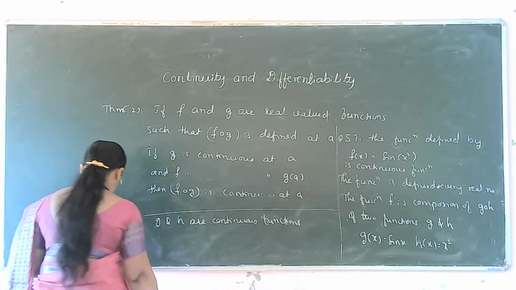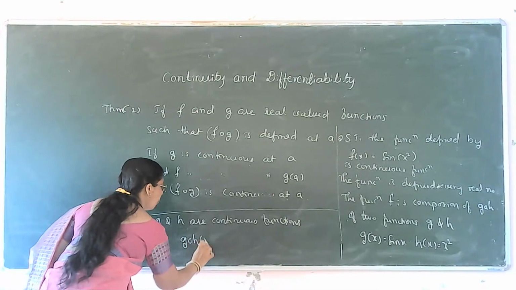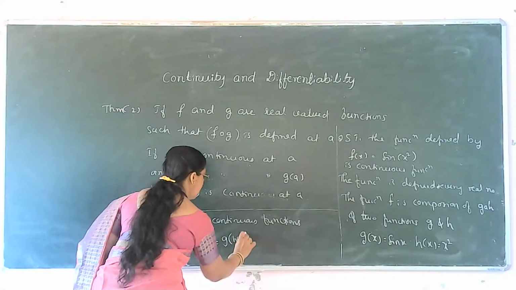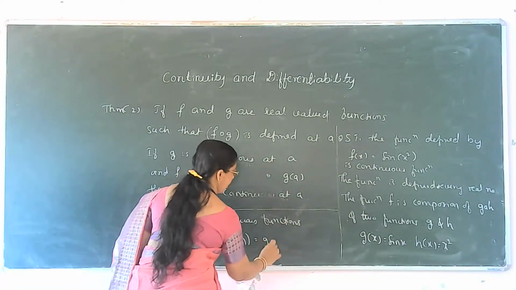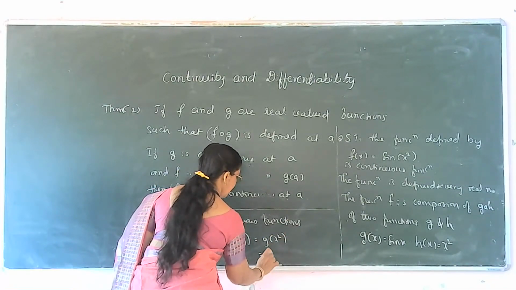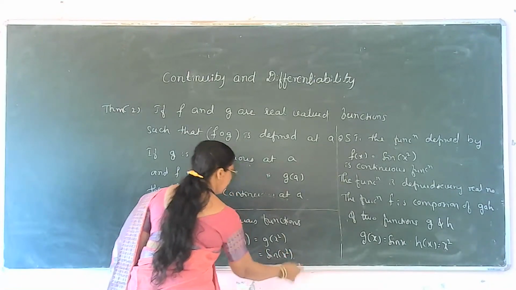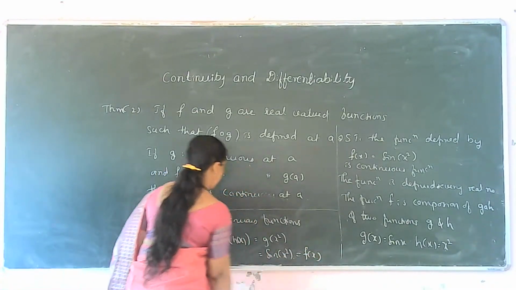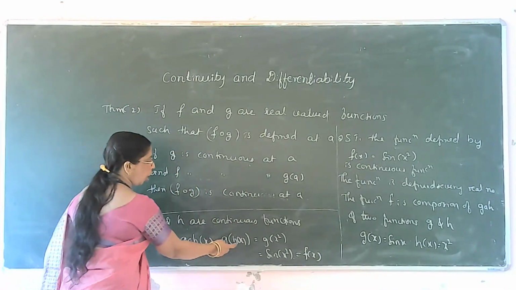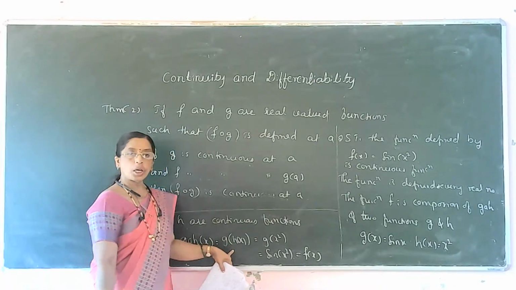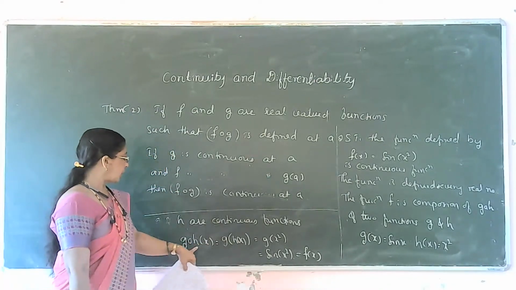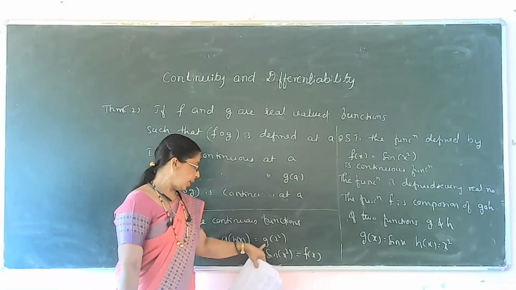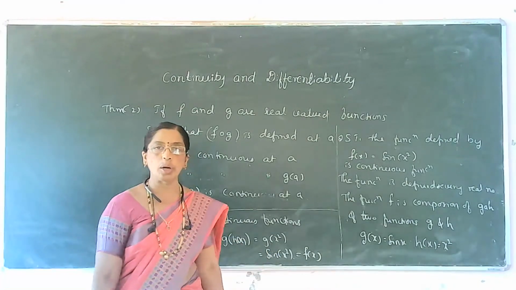By theorem 2, g naught h of x is equal to g of h of x, which is g of x square, which is sin of x square, which is equal to f of x.